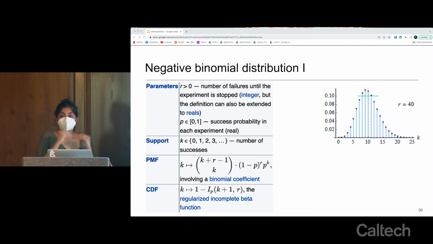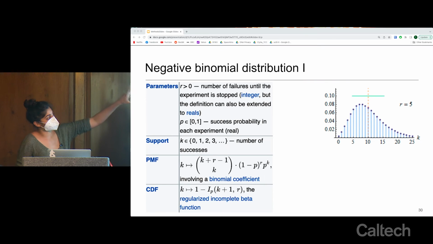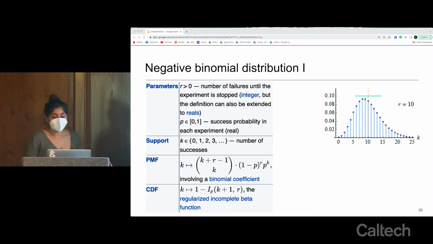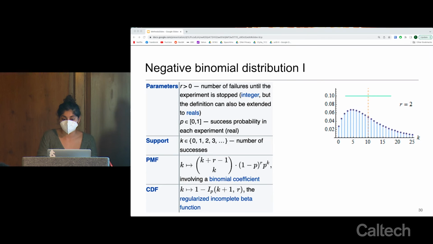Technically, what this means is it will give you the expected number of, let's say, R failures until a success, which happens with probability P. So those are the two parameters, R and P. If we want to put this in the biological sense, one could think about a success as the burst of a gene expression ending, and R is the number of transcripts that were produced until that burst end happened.